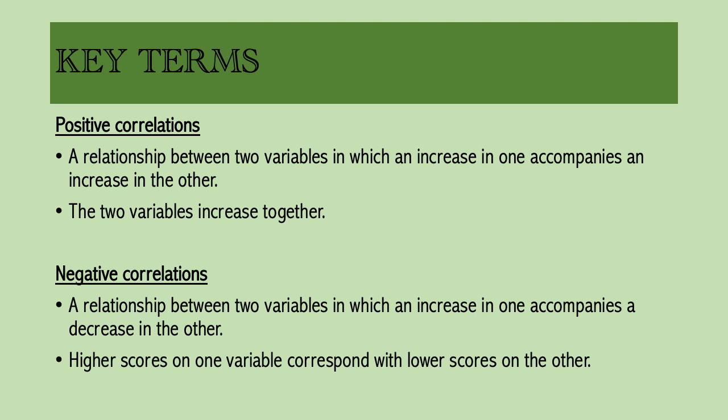So when this happens, it becomes a negative correlation. Okay. So the highest scores on one variable correspond with the lowest scores on the other. So one variable increases, the other one decreases. That would be negative correlation. Okay. So for correlation, you just have to know whether the correlation is positive or negative.